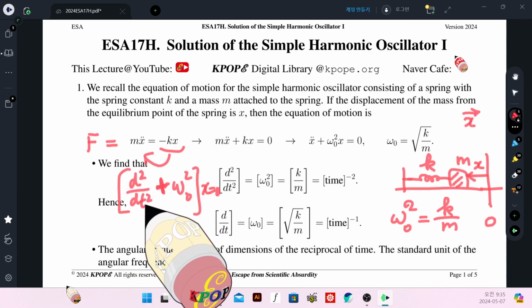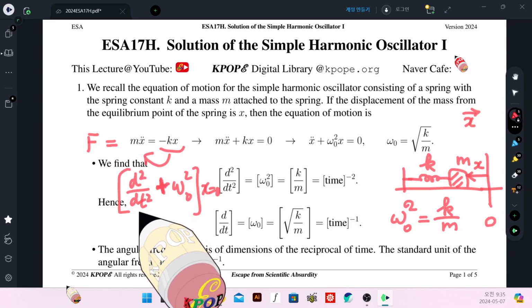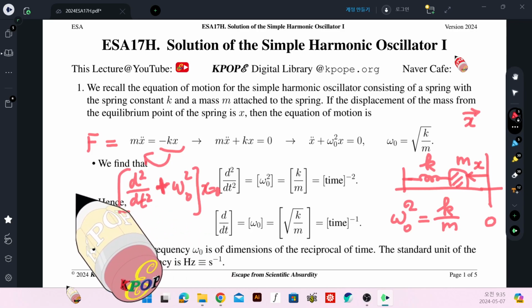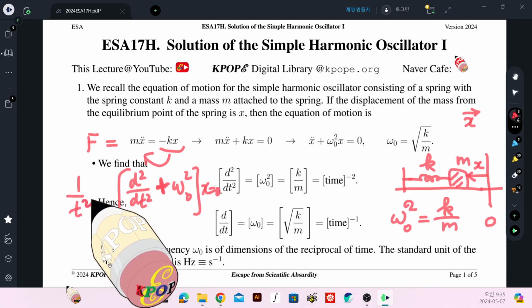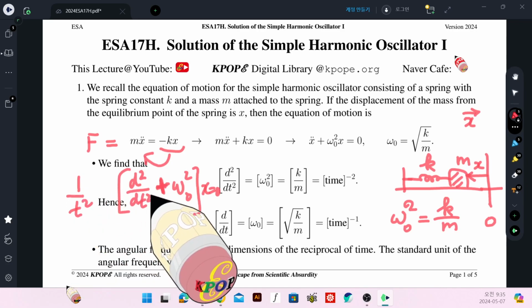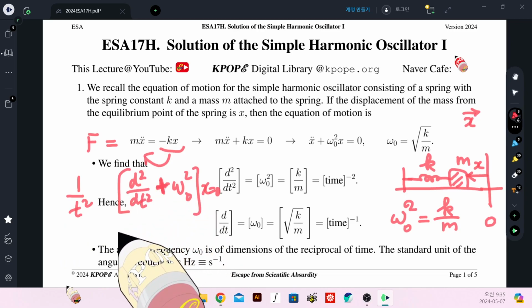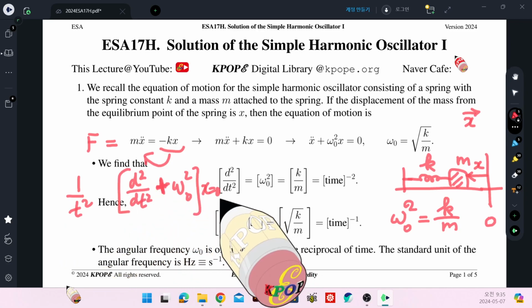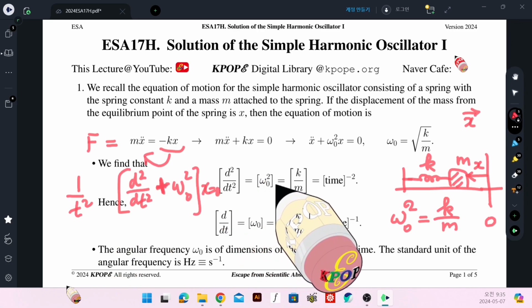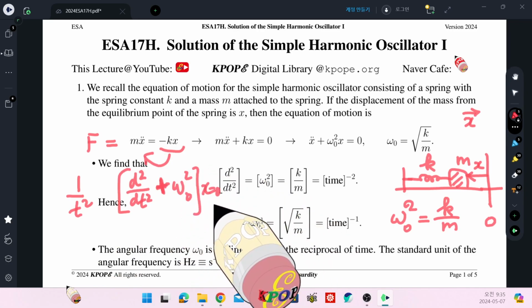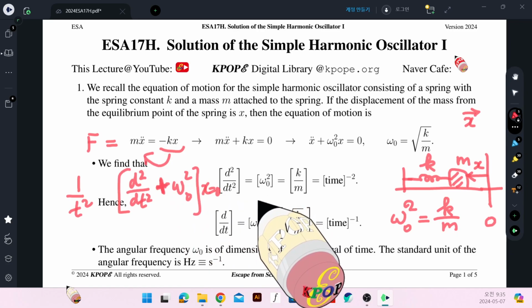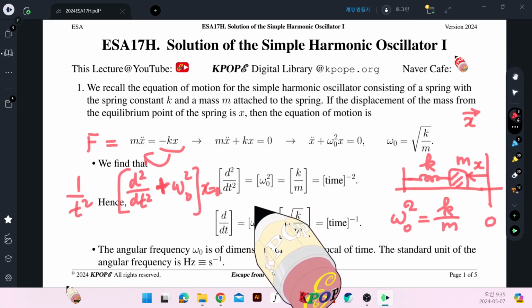The second order time derivative has the dimension of 1 over t squared because time appears in the denominator. Therefore, the second order time derivative and omega 0 squared are of the same physical dimensions.